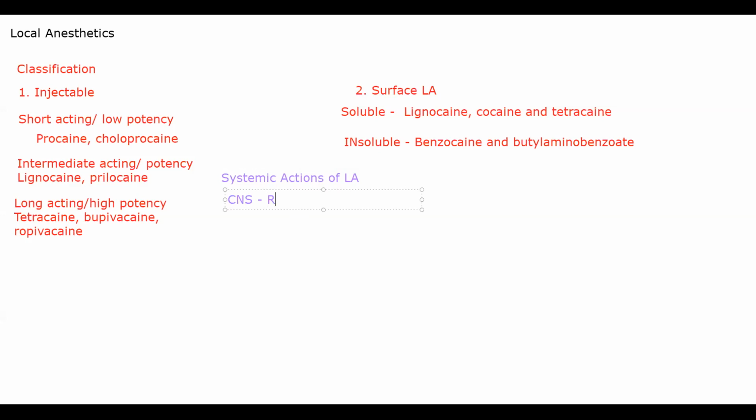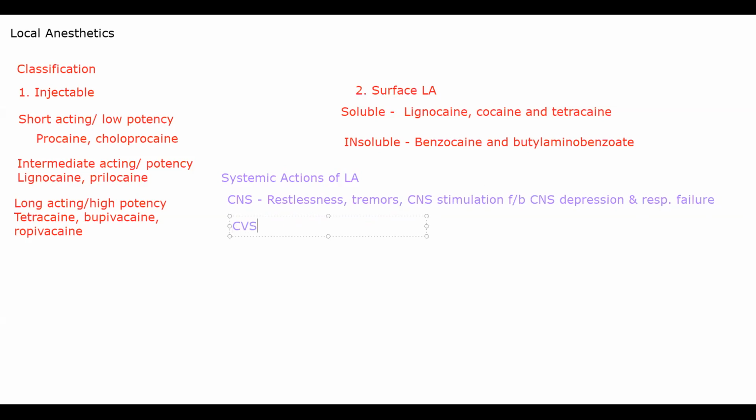CNS effects will be restlessness, tremors, CNS stimulation, followed by CNS depression and respiratory failure. Okay, these are the CNS effects that will happen.